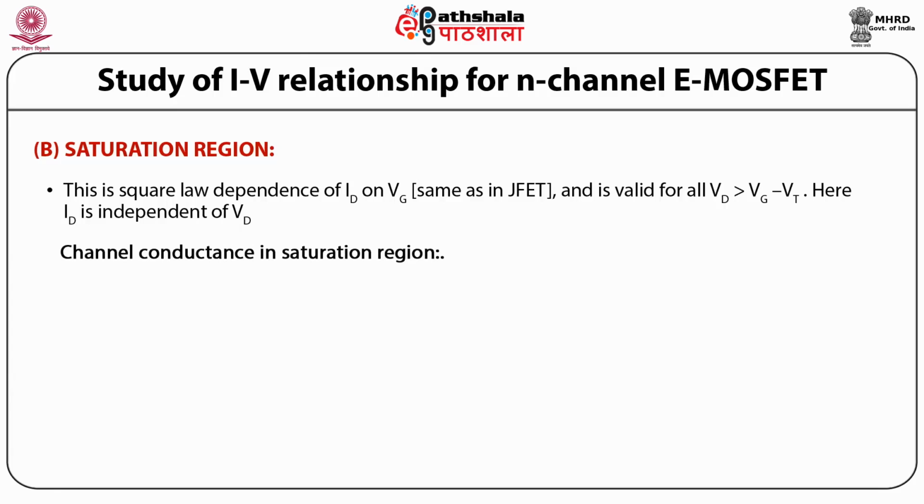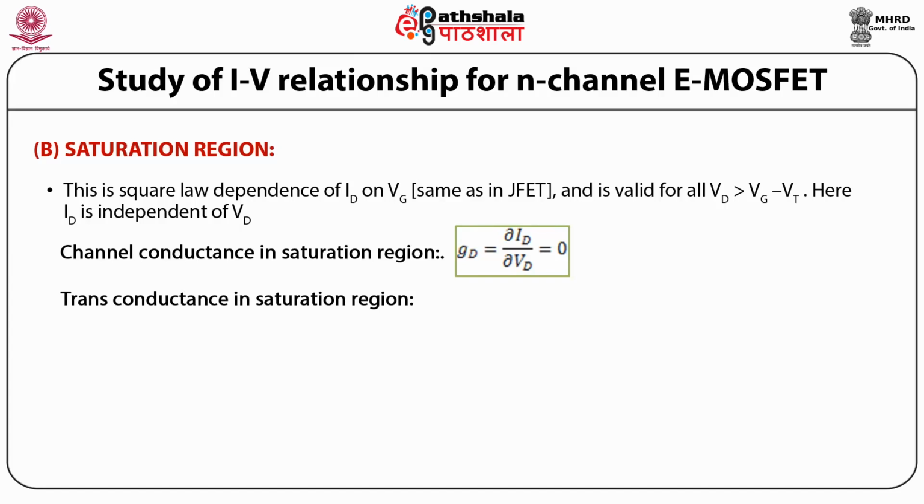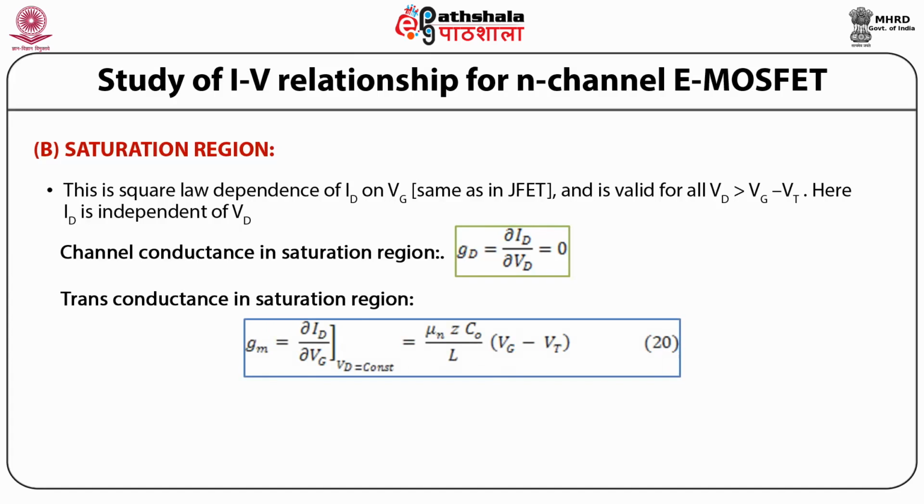So the channel conductance in the saturation region, that is Gd equal to delta ID by delta Vd, equals 0. And the transconductance in the saturation region is given by Gm equal to delta ID by delta Vg at constant Vd, equal to mu n Z C0 by L multiplied by (Vg minus Vt).